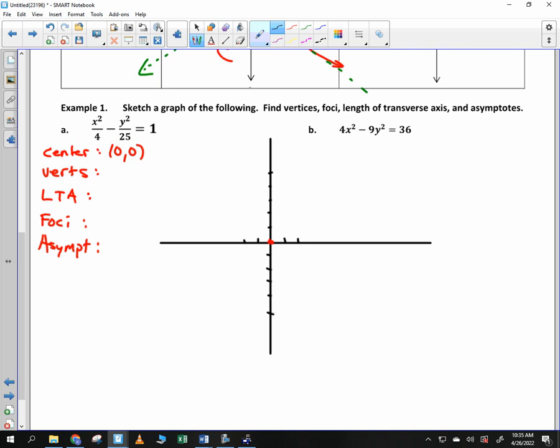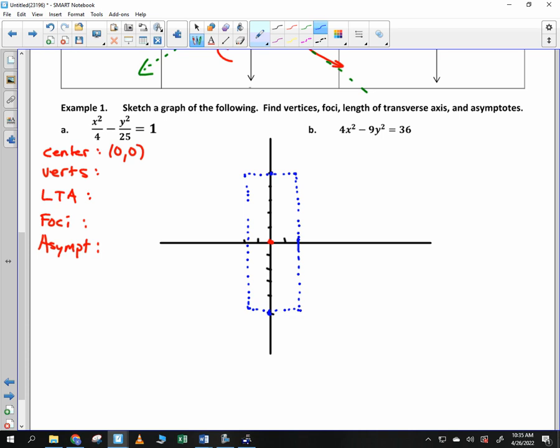Tim, how many units do I go in the y direction for the ghost box? Is anybody confused about how to make that box? Once you can make that box, the rest of it is easy.